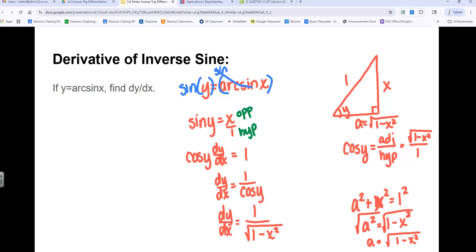Now, in your actual formulas, they use u's instead of just an x right here. I did not want to further complicate this proof by trying to do that for you. So this would be only if you just had an x, but this would give you the derivative. I mostly wanted to walk through this.